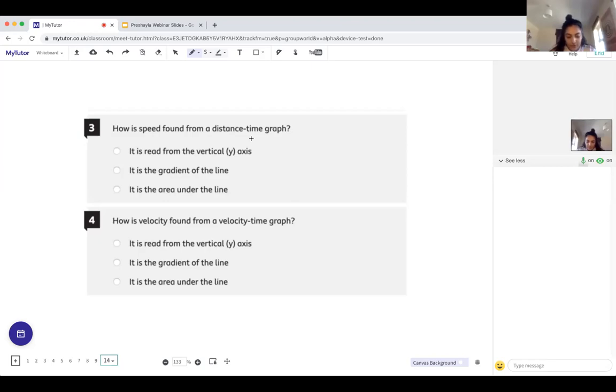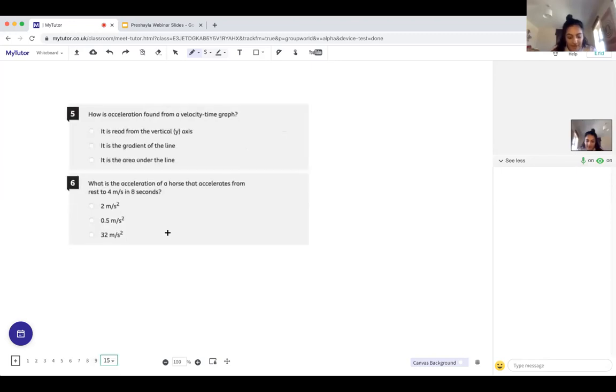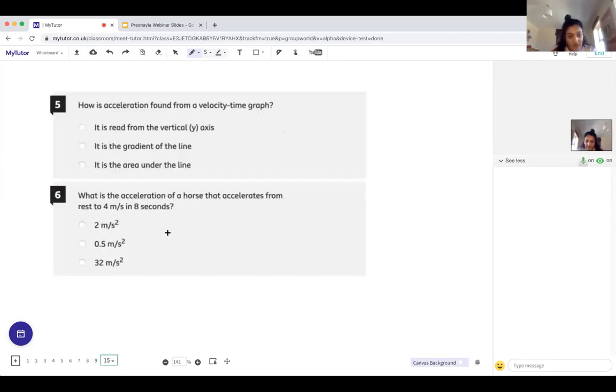Cool, so the gradient of a distance time graph gives you the speed, and for the velocity from a velocity time graph, you just read off the y-axis. Okay, how is acceleration found from a velocity time graph?